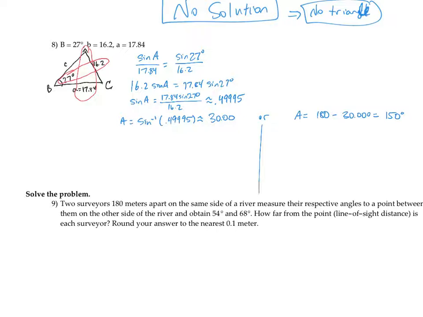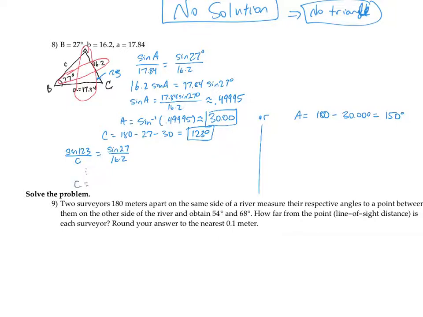So from that point forward, I got two triangles to solve. Capital C will be 180 minus 27 minus 30. 150 minus 27 is 123 degrees. And then I know this is now 120 in here. Oh, sorry, 123. So I can do a law of sines. Sine of 123 over C is sine of 27 over 16.2.